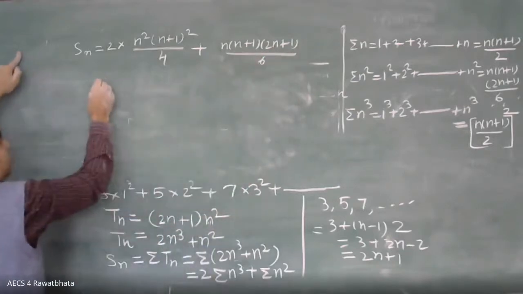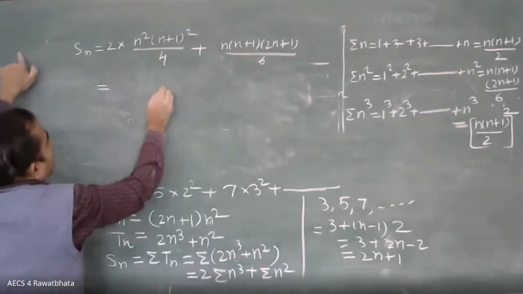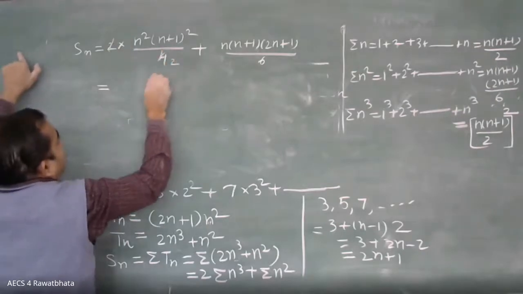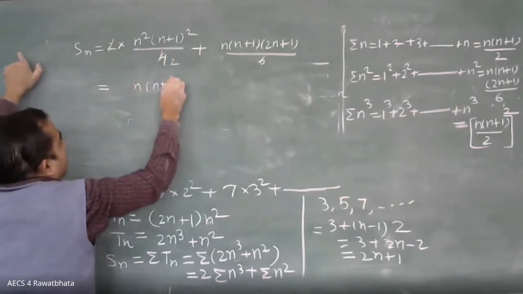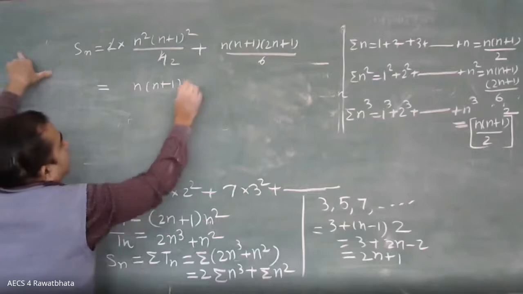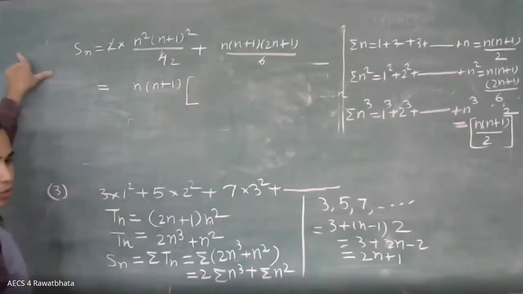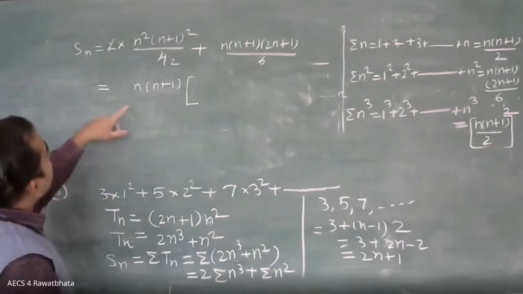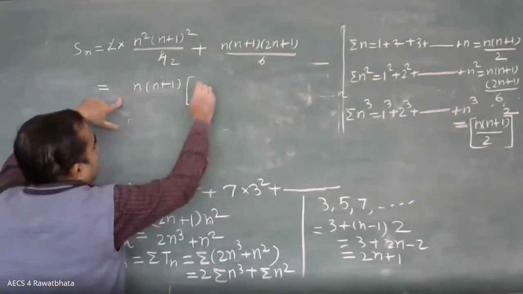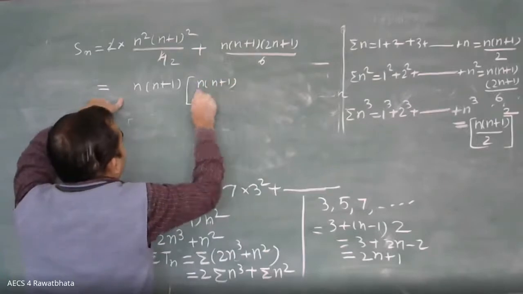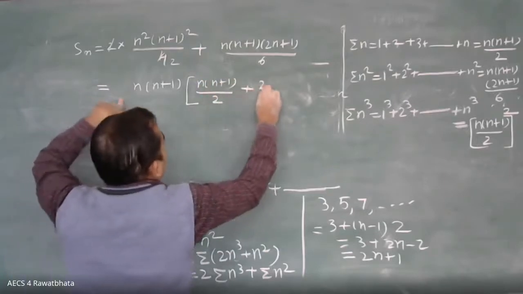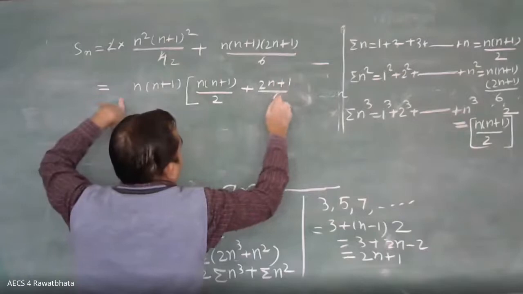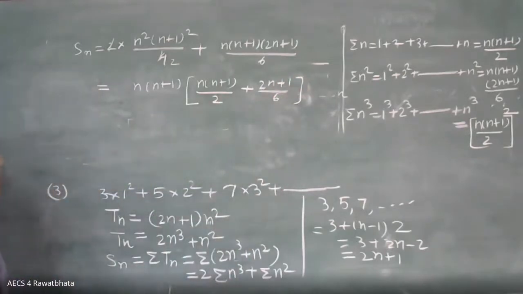Okay, so 2, 4 cancel, so it remains 2. N common, n plus 1 common, and the rest I will see later. So how much will remain inside, friend? N out, n plus 1 out. So inside the bracket, n into (n plus 1) whole upon 2 as it is, plus (2n plus 1) whole upon 6. Now let us take LCM.